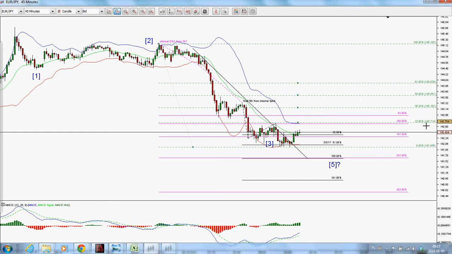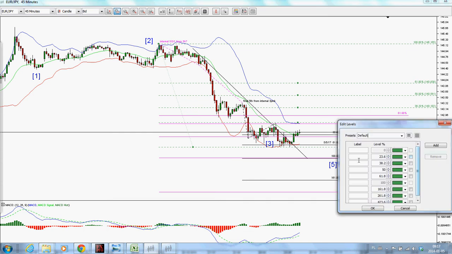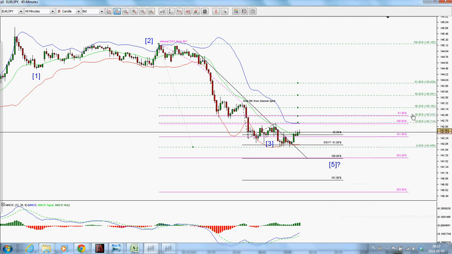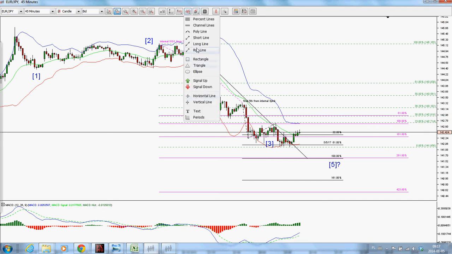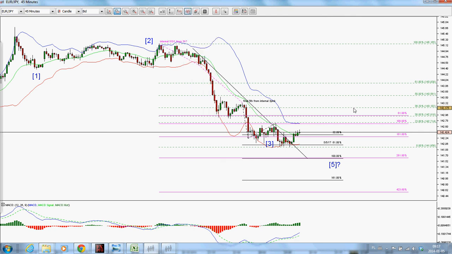I'm expecting 23.8, or which is also quite common, just the level of 30. So somewhere in between those two levels. I can even mark it like that and say, this is where the market can go, somewhere here as a target area.